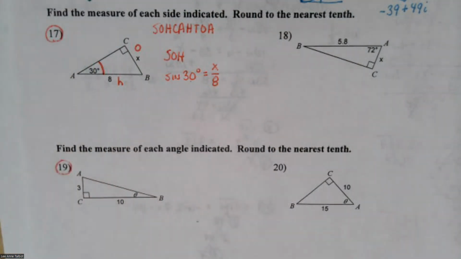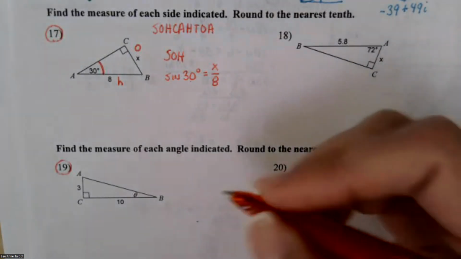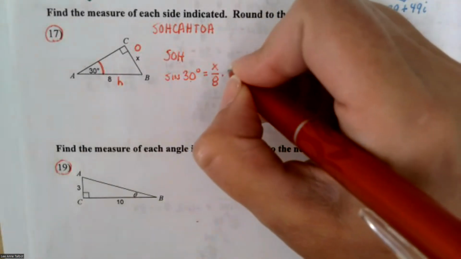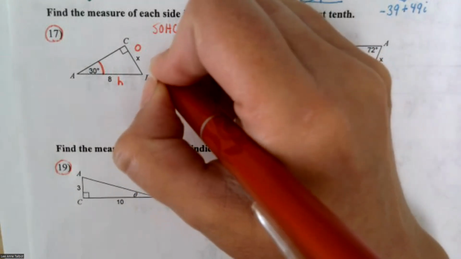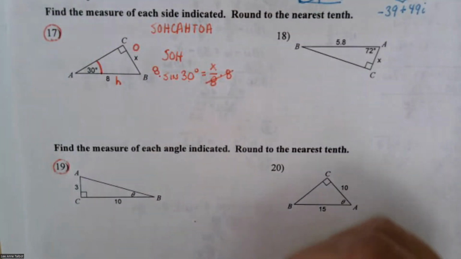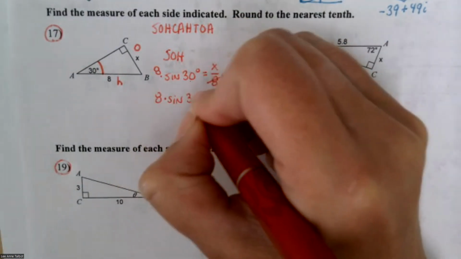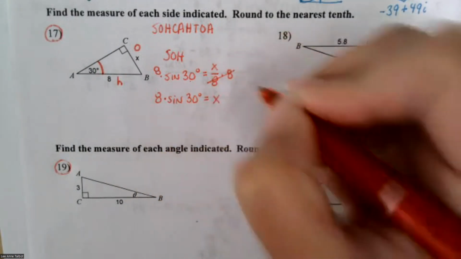And you're like, Mrs. Talbot, this is impossible to do without a calculator. It's true, except you're going to leave your answer in exact form. So I'm going to show you both exact and approximate form. In this case, you would multiply both sides by 8 to get rid of the denominator. And you would have 8 times sine 30 degrees equals X.